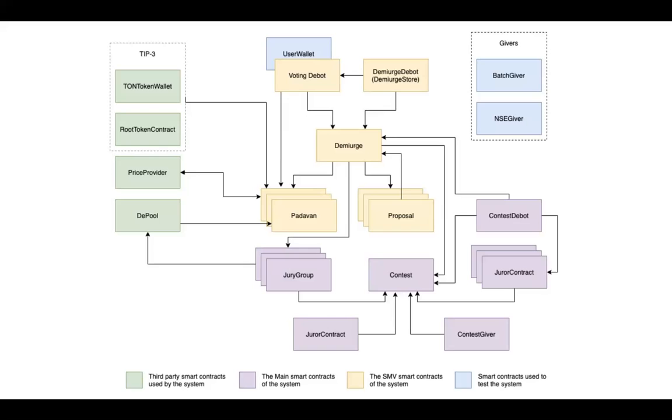I don't know what to say more about jury groups. We will talk about it a bit later. It's nice to understand that contests get jury members from the tags. So it asks for juries.